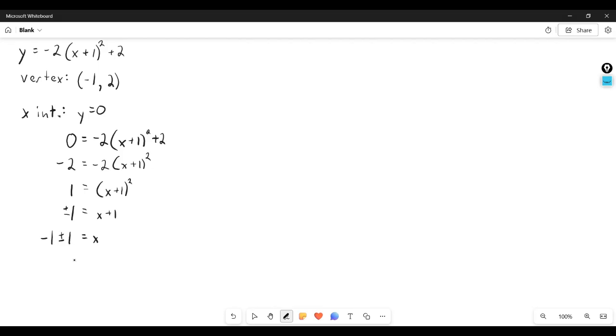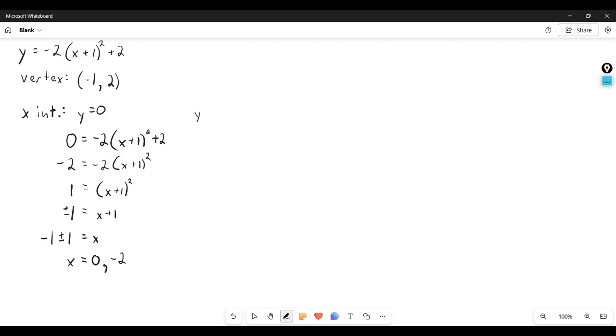So for the first solution of x, I will choose the plus sign. Minus 1 plus 1 is 0. For the second solution of x, I choose the minus sign. Minus 1, subtract 1 is minus 2. And I just listed both of the possible solutions for x with the comma in between. Alright, so our x-intercepts are when y equals 0 and x is 0, or when x is minus 2.